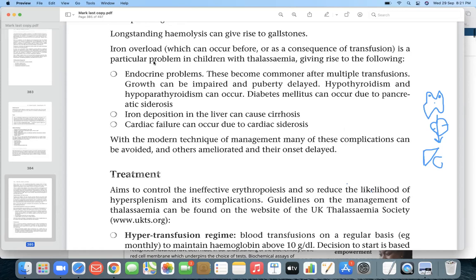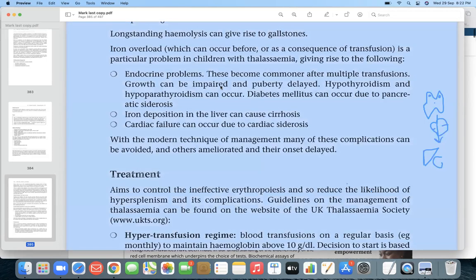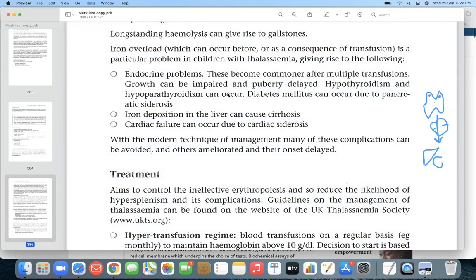So with iron overload, the main endocrine problems are in the thyroid and parathyroid, and they can cause growth impairment and delayed puberty. So 4 things here: growth impairment, delayed puberty, hypothyroidism, and hypoparathyroidism, and also diabetes mellitus, 5 things. Then in the liver, it can cause cirrhosis, and in the heart, cardiac failure.